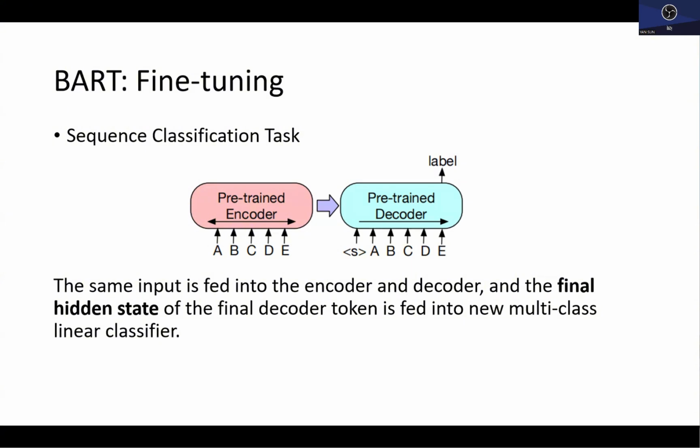And we use the final hidden state of the final decoder and feed it into a linear classifier for multi-class classification. This is similar to BERT. BERT uses its CLS token at the last encoder layer for classification. Here for BART, we use the last hidden state of the final decoder layer.